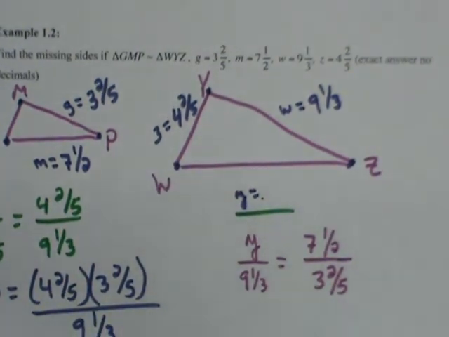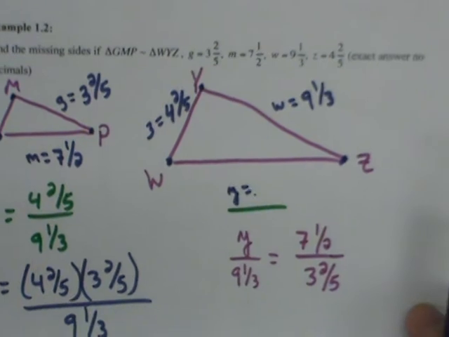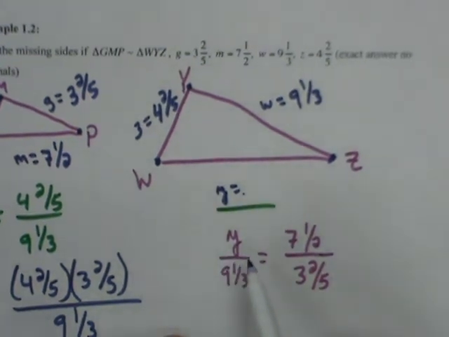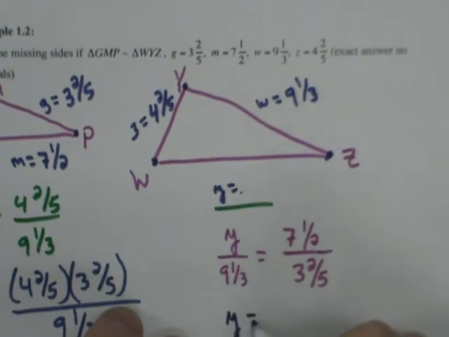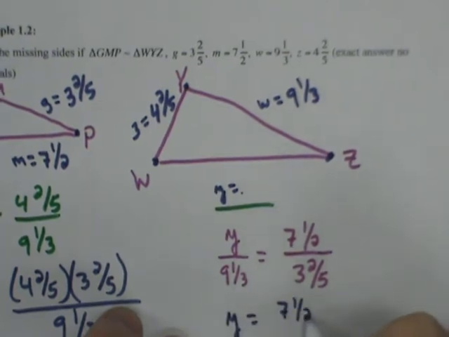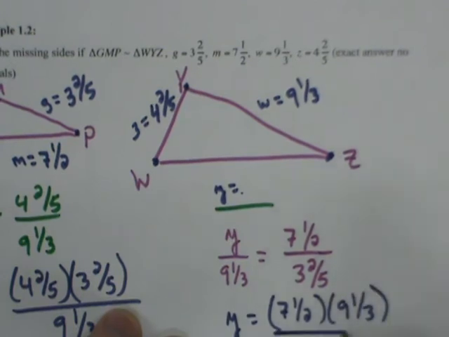And when I set that up, to solve this, to get that variable all by itself, it would be very easy to just multiply both sides by 9 1/3. If I multiply by the 9 1/3, that essentially just takes this up. And so I can say y is equal to 7 1/2 times 9 1/3 divided by 3 2/5.